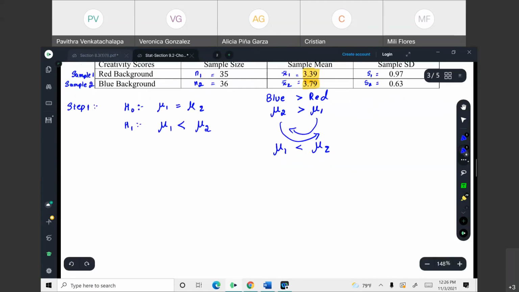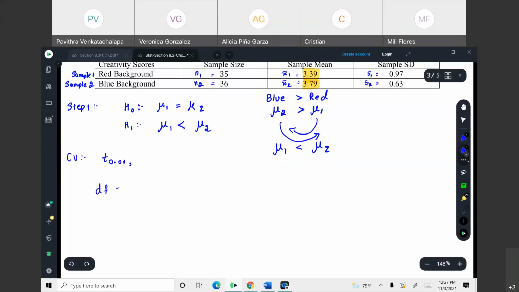Okay. Next you need to find the critical value or the t value. Now, how do you find the t value? You will have alpha, which is 0.01. Now, this is a left tail test because it is less than. So you will take alpha as it is. You will not be dividing it by 2. Now, what else do you need? You need degrees of freedom to calculate the t value.